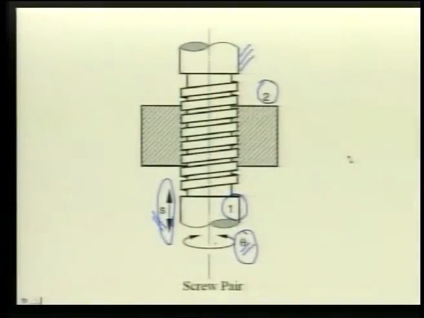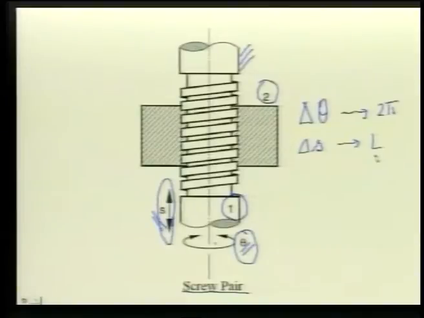But a little thought would convince us that this screw pair also has a single degree of freedom, because as rotation theta goes to 2 pi, if I say it is the rotation, so I represent it by change in theta. If delta theta goes to 2 pi, then change in S, delta S goes to L, where L is the lead of the screw.